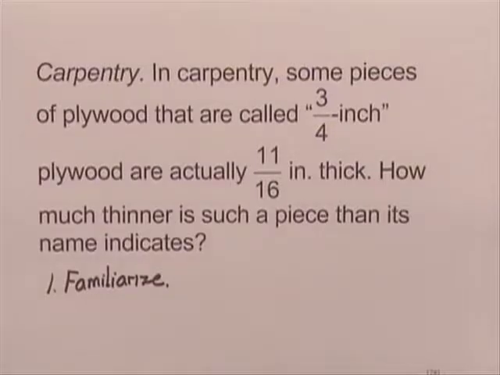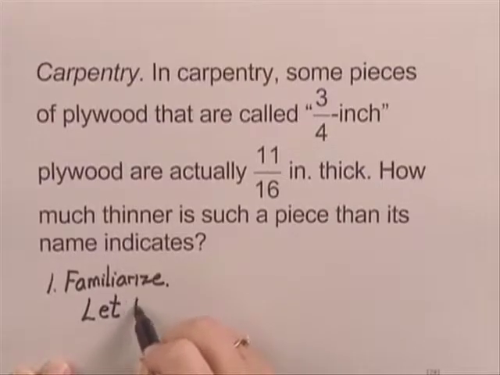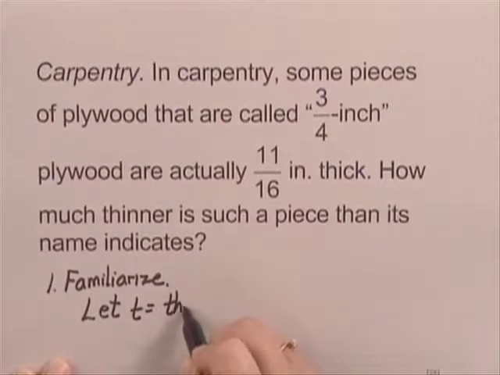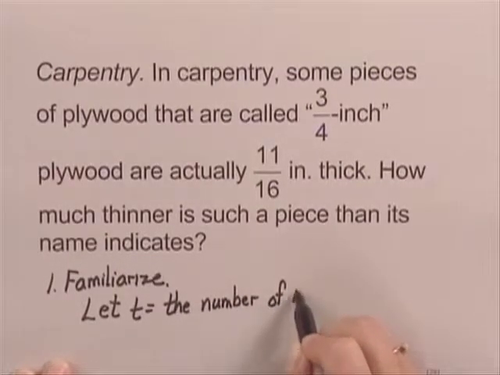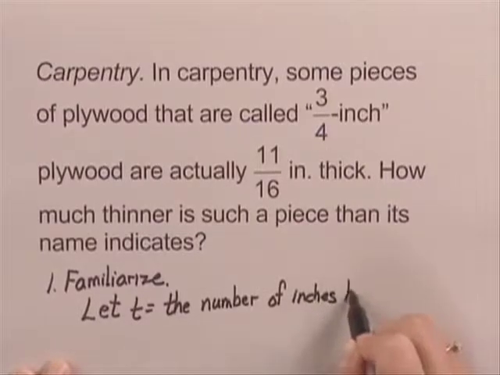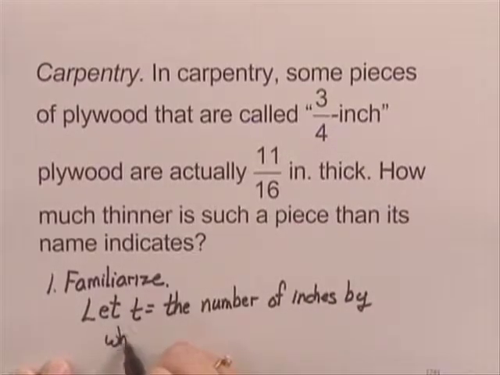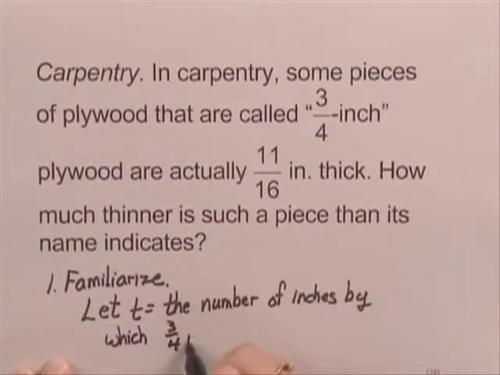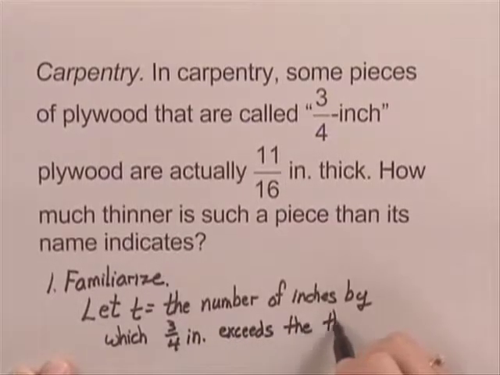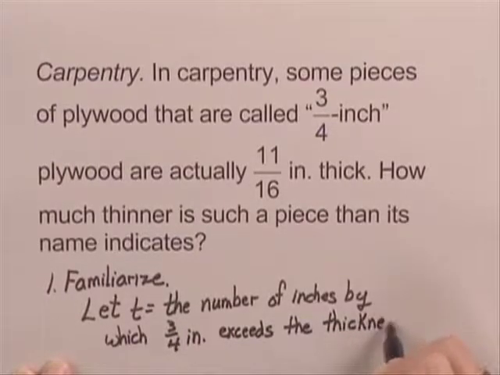And since we're looking for how much thinner a piece is than its name indicates, we let T equal the number of inches by which the size that it's called, 3/4 inches, actually exceeds the real thickness of the plywood.